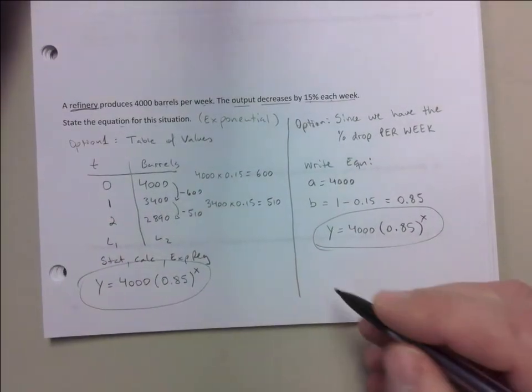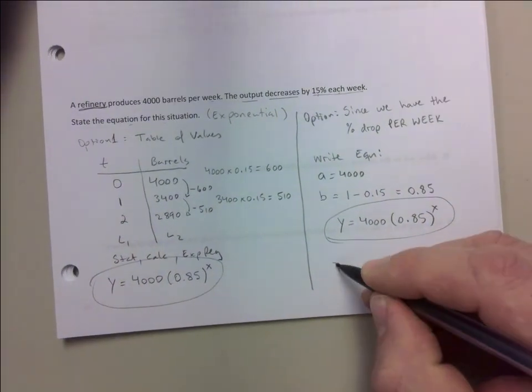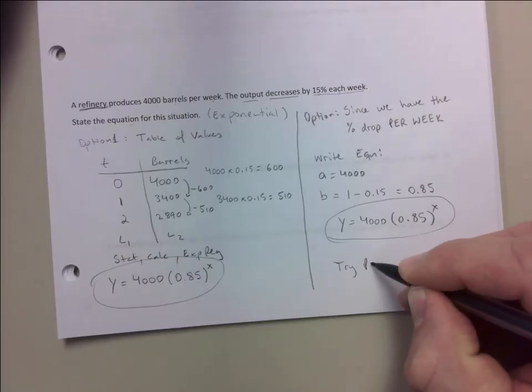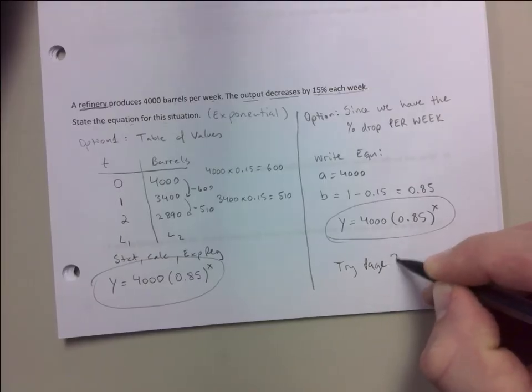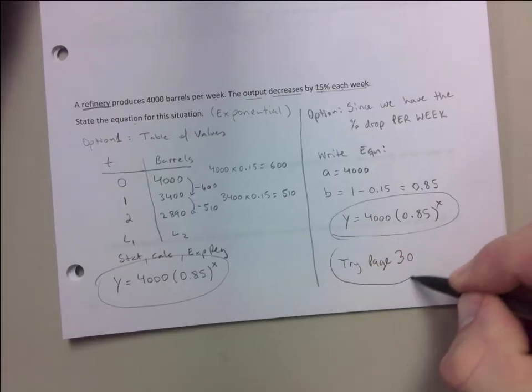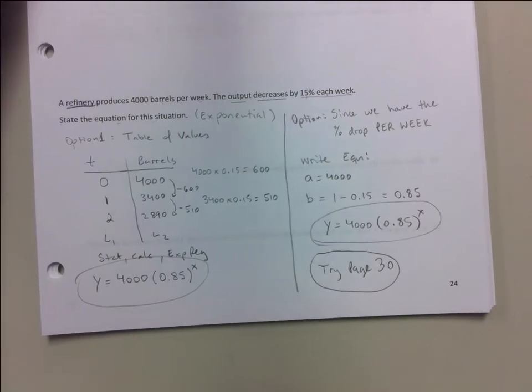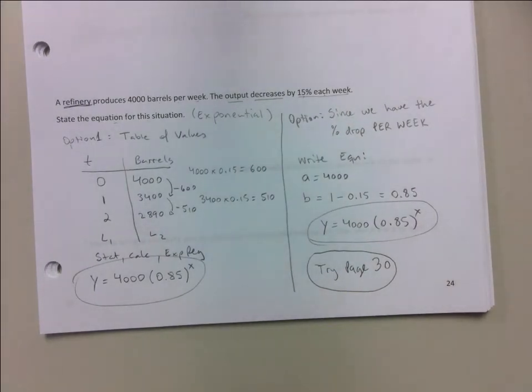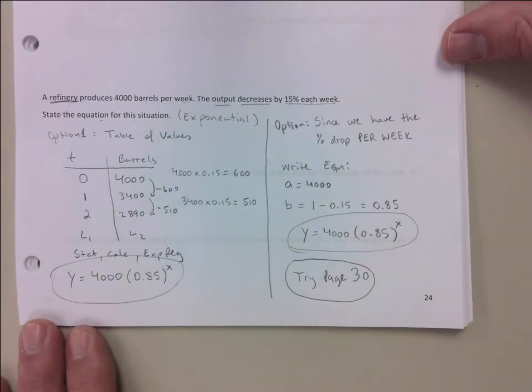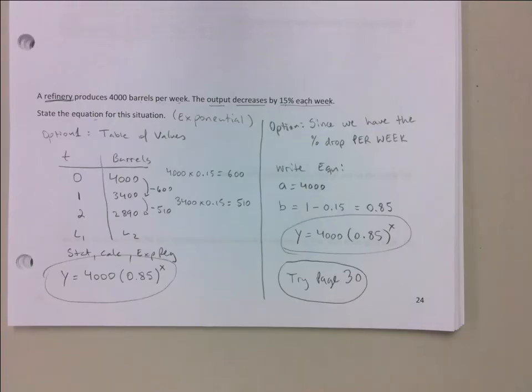So if you want this, I'm going to put at the bottom, try page 30. If you want a question like this, I only have one, I think. It's rare that it shows up on the exam, but I want you to be prepared just in case. Okay? Stop there. So I call this an oddball.